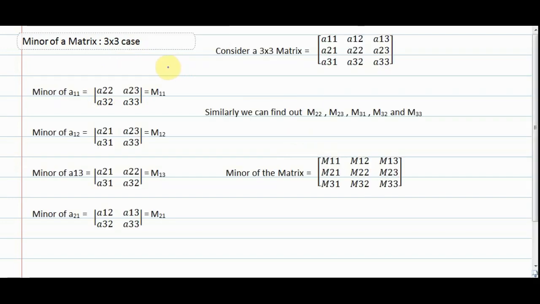Now let's see a 3 by 3 case. If we have a 3 by 3 matrix like this with 3 rows and 3 columns, the calculation of minors corresponding to each element follows the same procedure that we discussed in case of a 2 by 2 matrix. If we need to find out minor of A11, we have to omit row and column containing A11 and then we have to find out determinant of the elements which are left out.